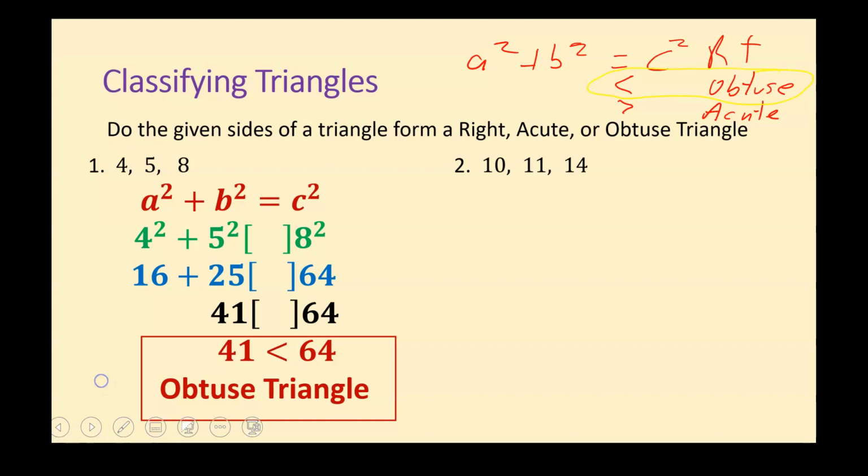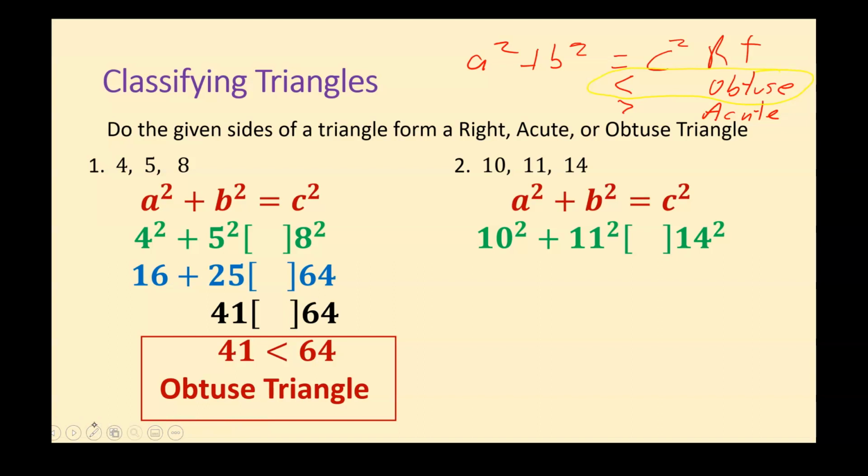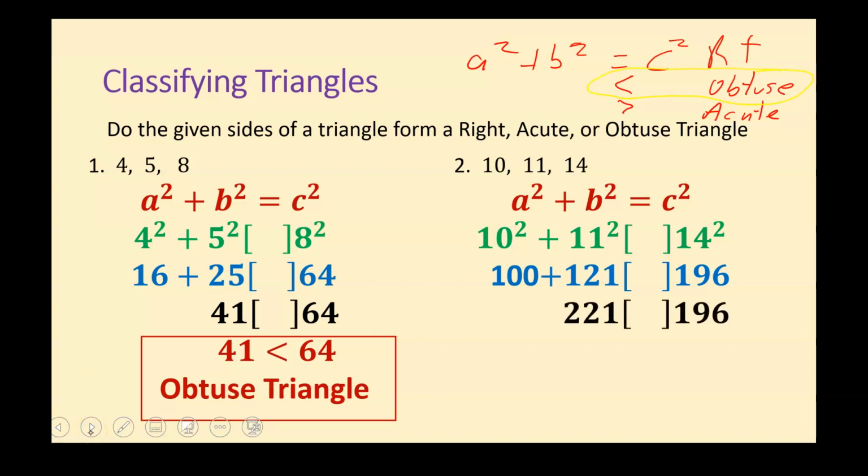Number two. Again, we know that a squared plus b squared is equal to c squared. Again, we're going to plug in our values. So we're looking at 10 squared plus 11 squared, and we're comparing that to 14 squared. Well, we know 10 squared is 100, 11 squared is 121, and 14 squared was 196. So we're comparing 221 and 196.